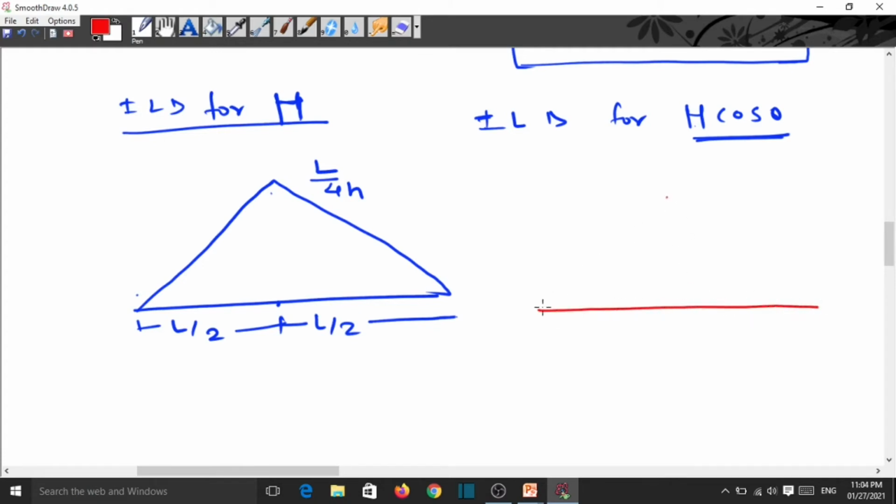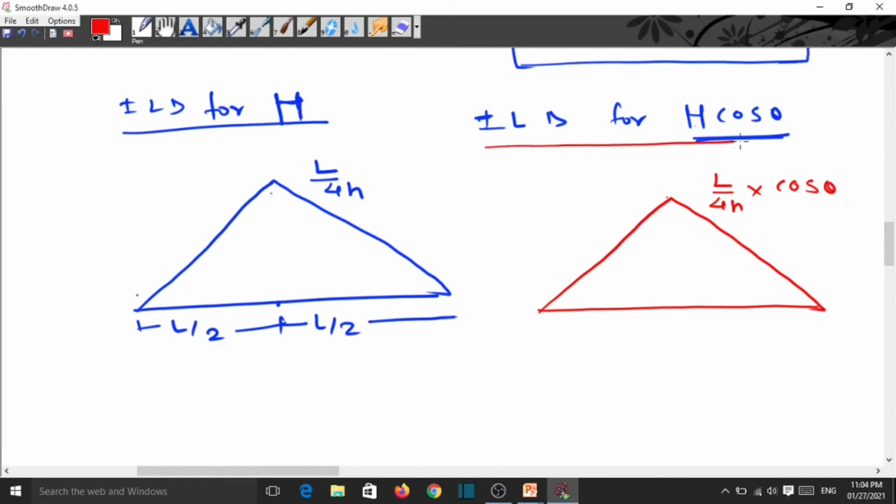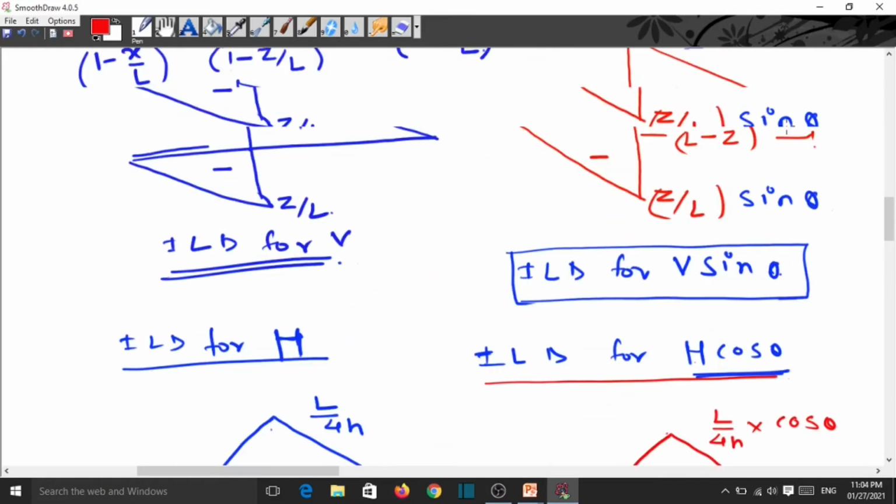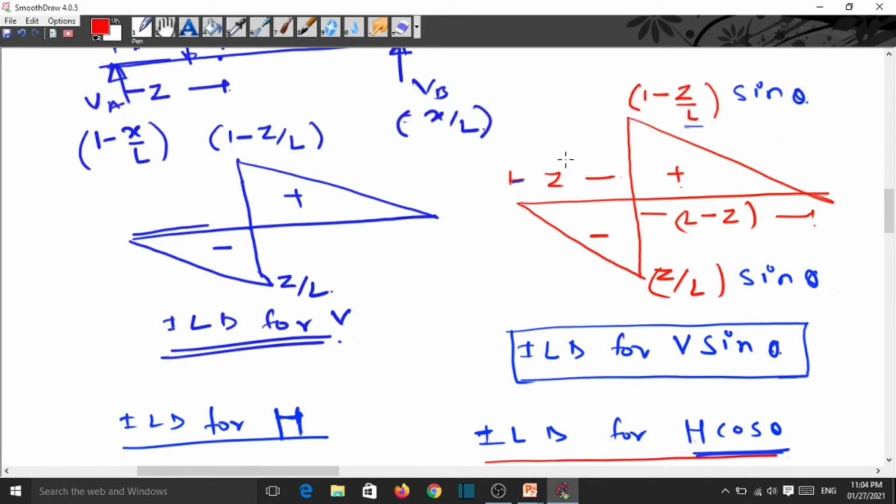At center, here is L by 4h. So multiply here by cos theta. So this becomes the ILD for h cos theta. This distance is L by 2 and this distance is again L by 2. Now this is the ILD for h cos theta and this is the ILD for v sin theta.